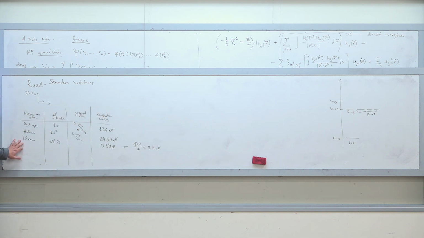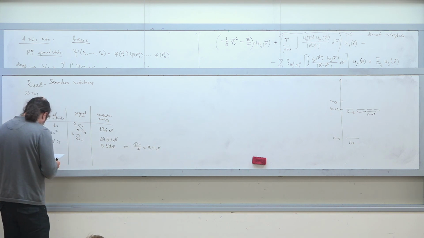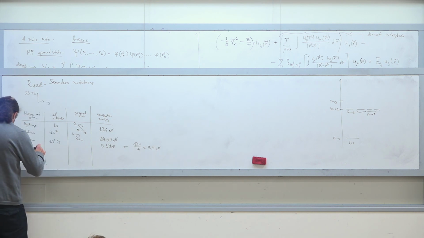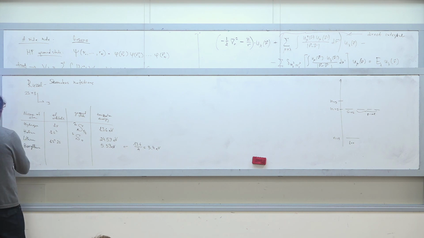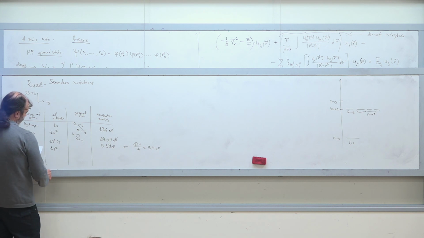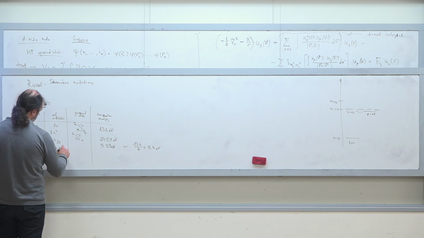Okay, now we can get a bit further with this simple exercise. So we can go next. Next will be beryllium. Beryllium is Z equal to 4. So I'm going to Z here, you see that 1, 2, 3, 4. So now I have 2 electrons sitting on the 1s orbital and 2 other electrons sitting on the 2s orbital.